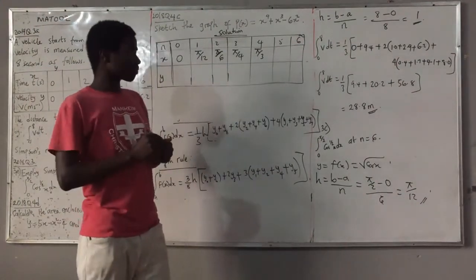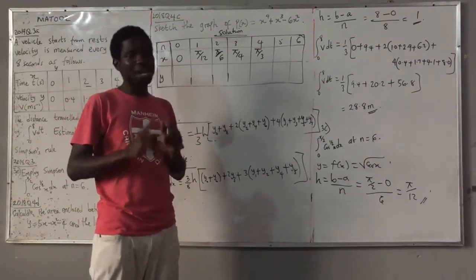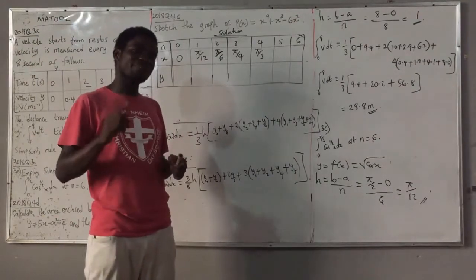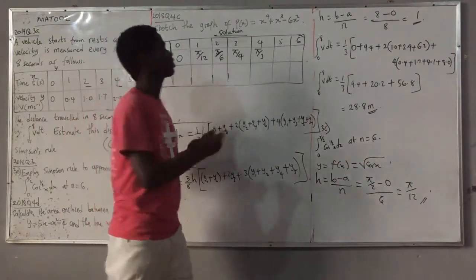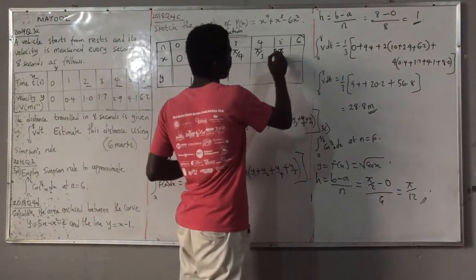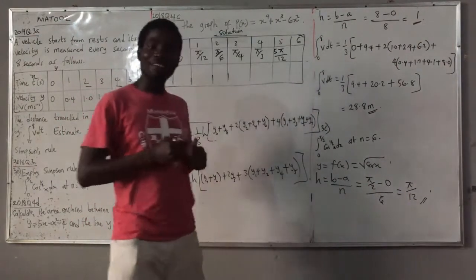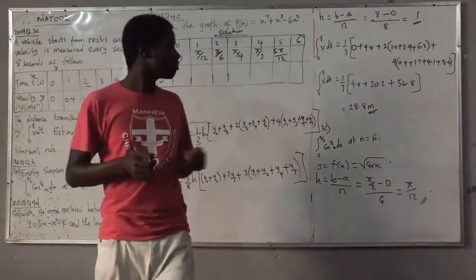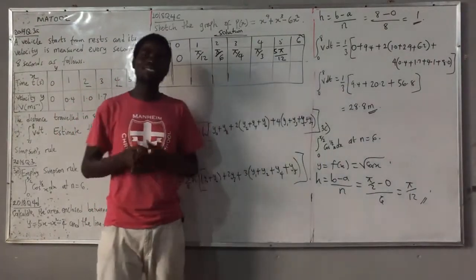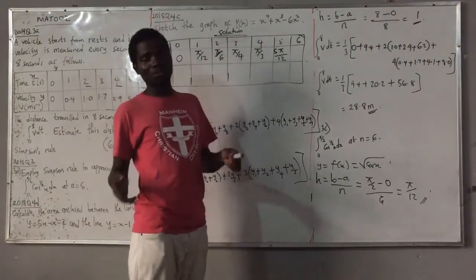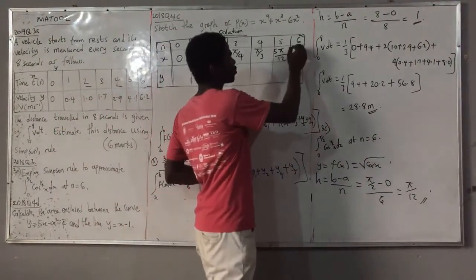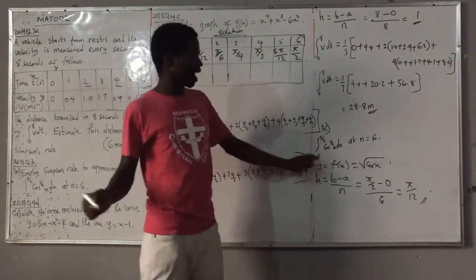Then 4 pi over 12 plus pi over 12, that's 5 pi over 12. 5 pi over 12 plus pi over 12 gives 6 pi over 12. Press 6 pi over 12 on your calculator, you get pi over 2. So you can see that I started from 0 and I end at this.